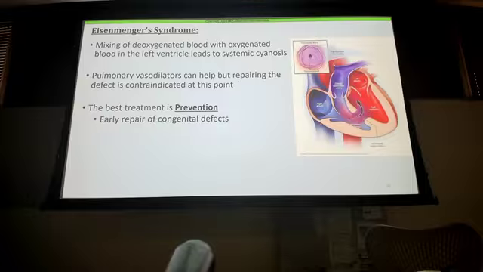Okay? Because how can you treat this if you don't catch it early and they develop this condition? Maybe we can do some diuretics and pulmonary vasodilators to help with the volume overload, and maybe open up that lumen a little bit to allow more blood flow to the lungs for oxygenation.